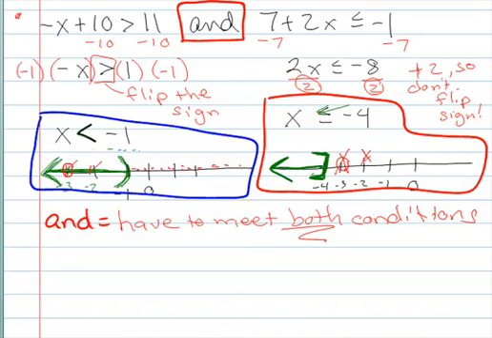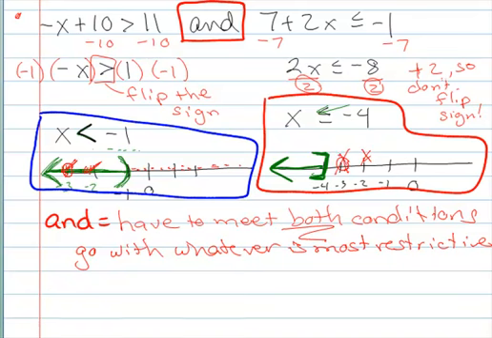So what's going to turn out is, for the and statements at least, you're always going to go with whatever is most constrictive, whatever is most restrictive. Because even though over here negative 2 would be fine, over here I don't include negative 2. Same thing over here, negative 3 works, but over here negative 3 isn't okay for this one.